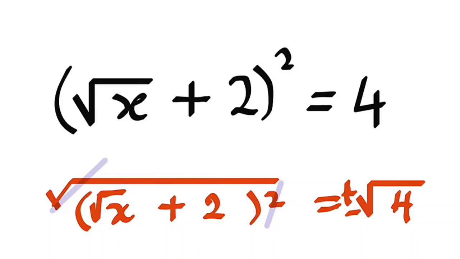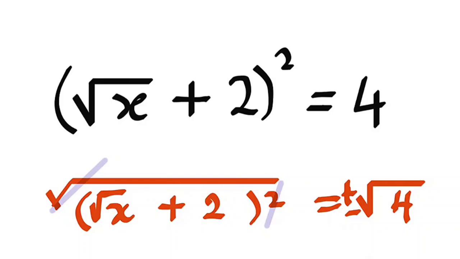So we're going to have √x + 2 equals plus or minus the square root of 4, which is 2. Alright, so the next thing we're going to do is, because we are having positive and negative values here, we are going to have two equations from there.